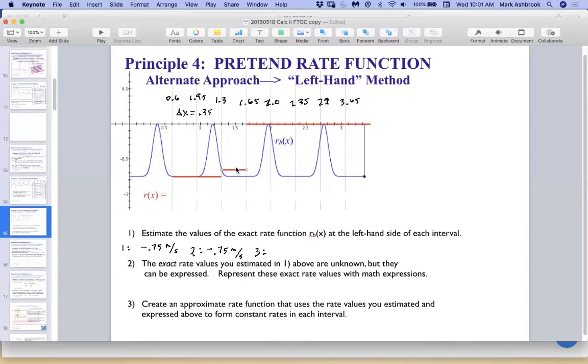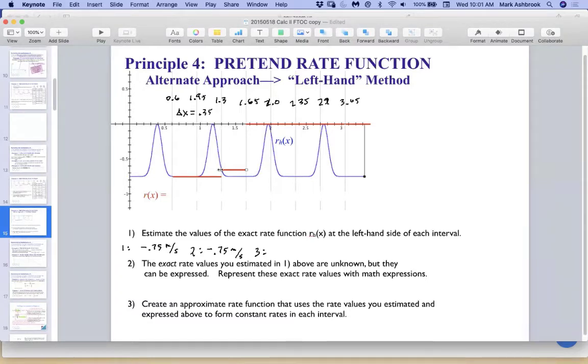I have a question. Please. Could you repeat how you reached the change for the exact rate function for that interval specifically? We're looking at the exact rate function, which is the blue graph. And we're looking at that rate at the left side or the beginning of this interval. So for this interval, we look at 1.3. What is the actual rate at 1.3? I see.